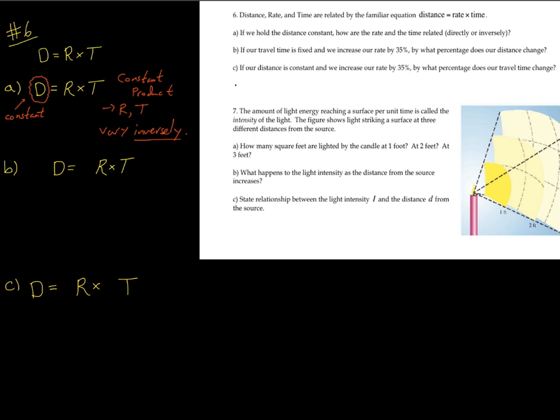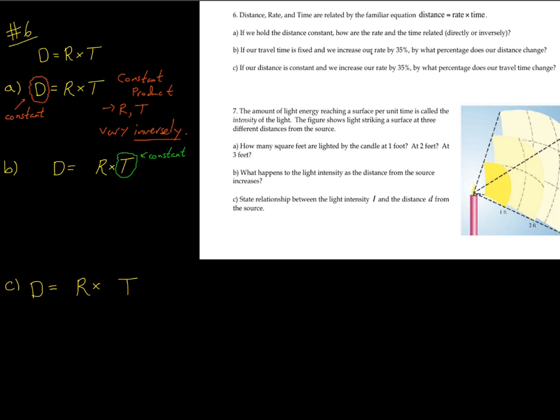All right, part B says, if our travel time is fixed and we increase our rate by 35%, by what percentage does our distance change? All right, so now what we're doing is we're fixing some drive time. The t here now is constant. So let's say we decide, okay, I'm going to drive for 2 hours, okay?